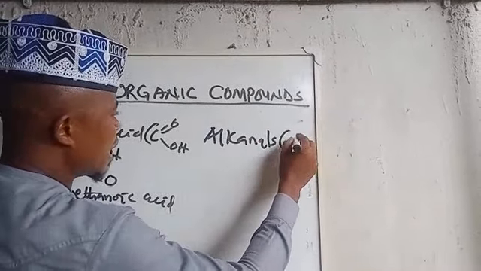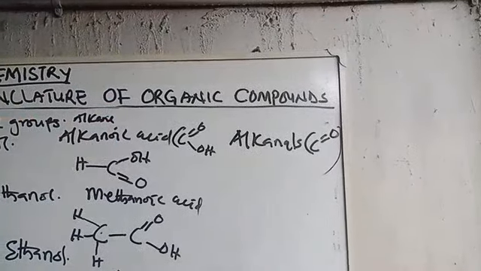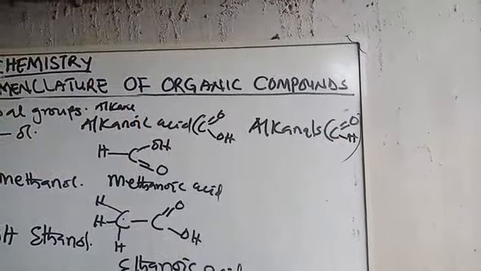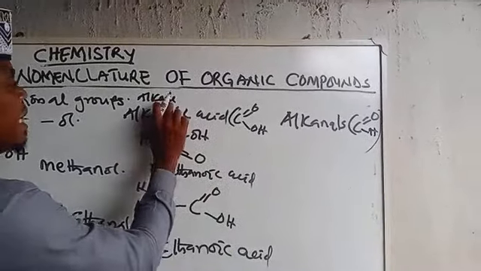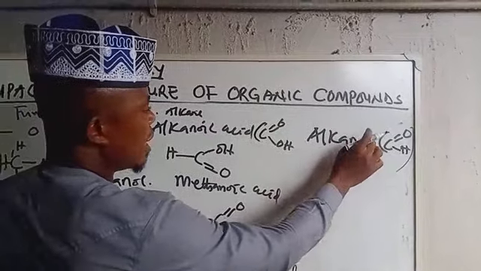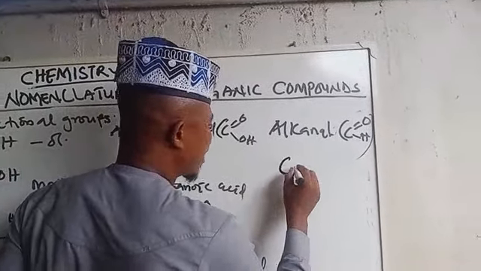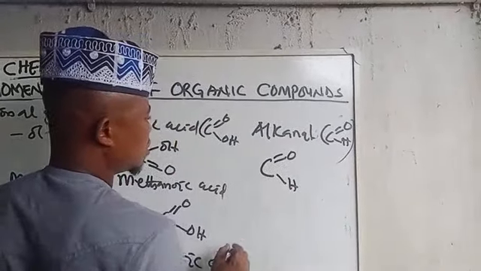The functional group in alkanals is what? A carbon double bonded to oxygen and a hydrogen attached. So you simply replace the E in alkane with al. So how do we name them? Let's say it's a single carbon compound, C double bonded to O, hydrogen.